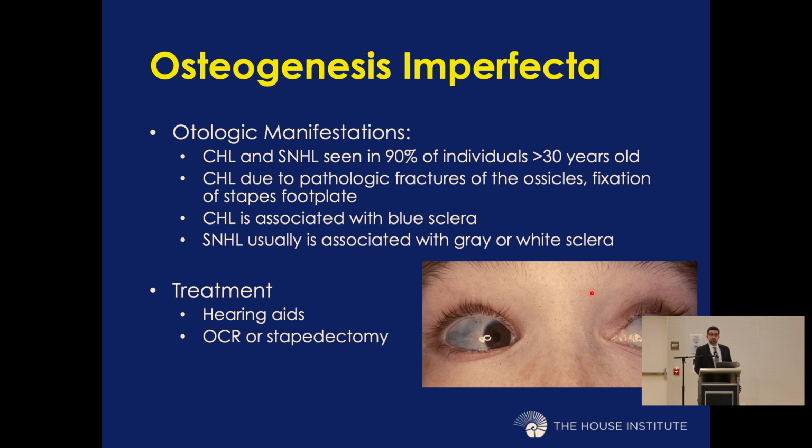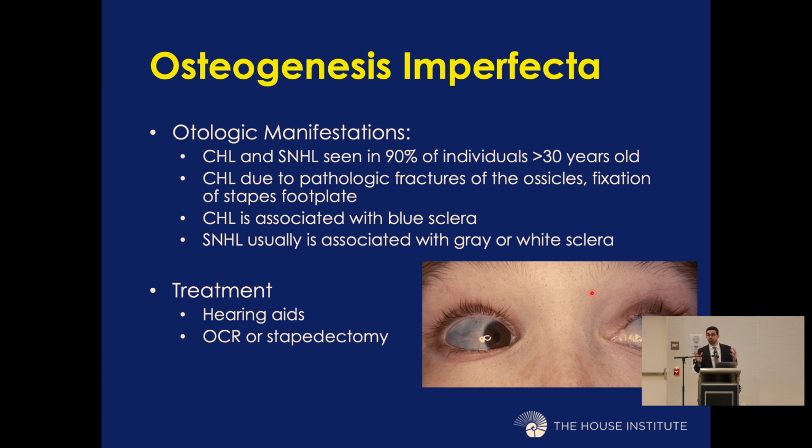If there is conductive hearing loss, it is usually due to either pathologic fracture of the ossicles or fixation of the stapes footplate. The phenotype that develops conductive hearing loss is also more likely to have this kind of unique blue sclera.